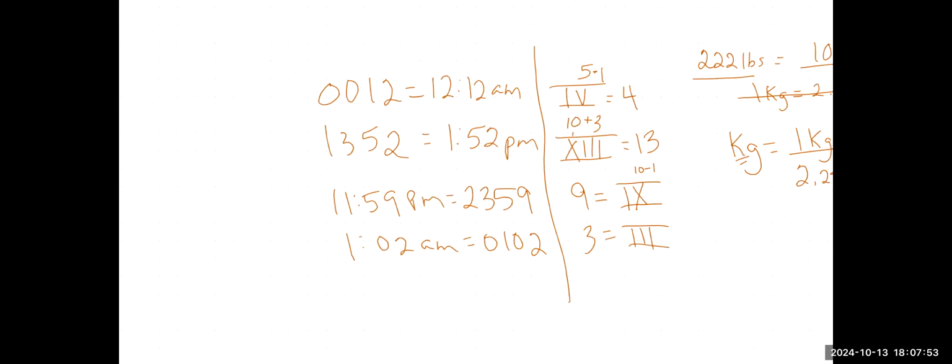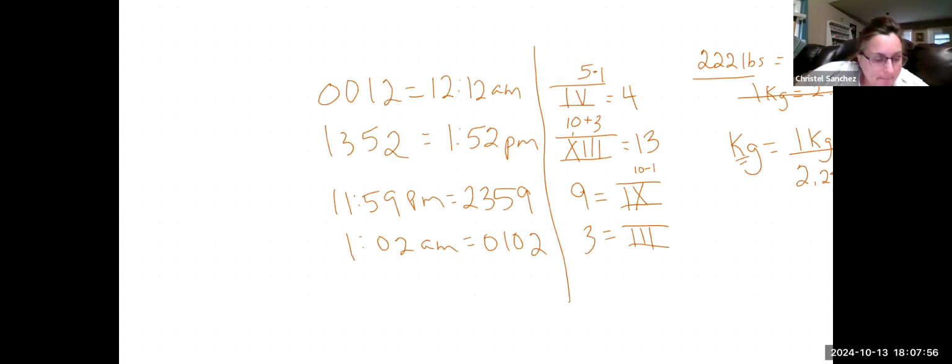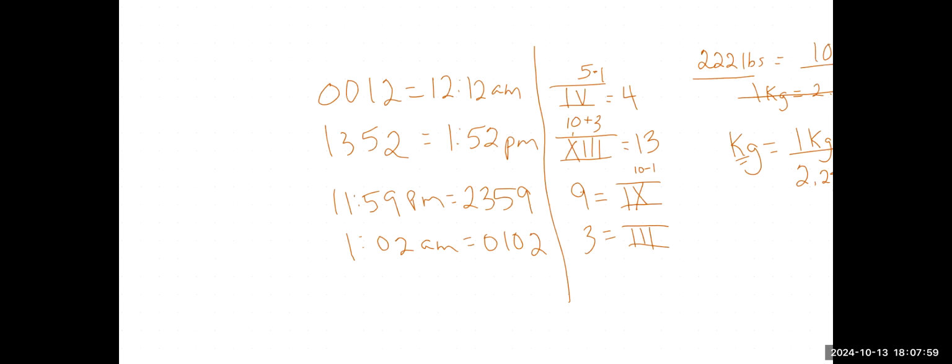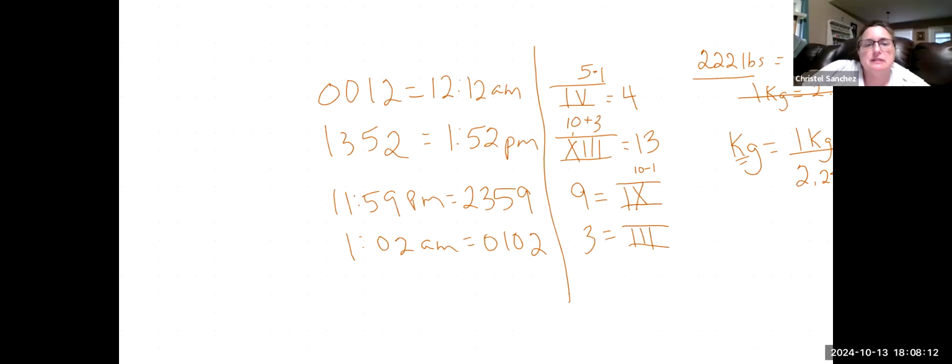A student asked: Miss Sanchez, how do you do the Roman numerals if it was, let's say, 17? So 17, I believe it would be this, but let me look it up.